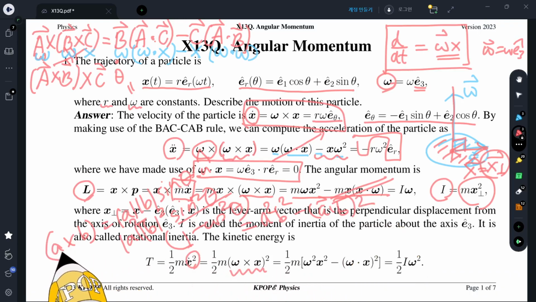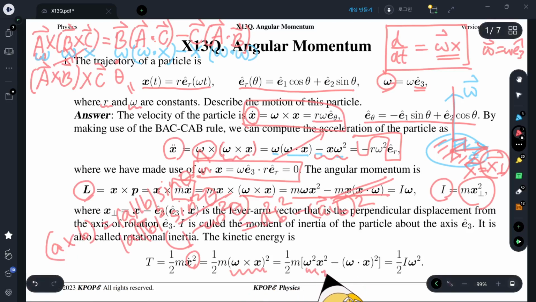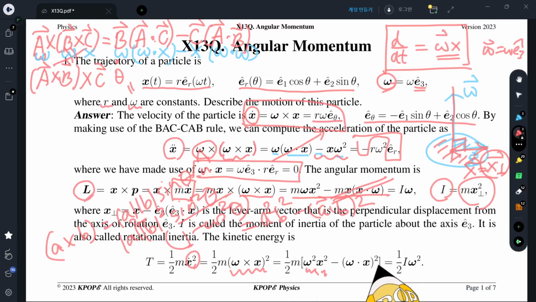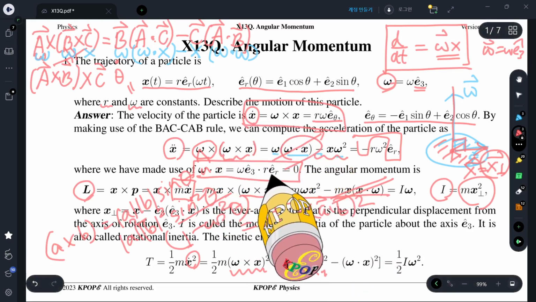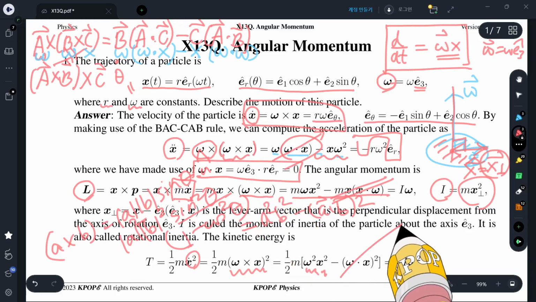Replacing A and B with omega and x, what I find is 1/2 m times omega squared x squared minus (omega dot x) squared. Again, omega dot x vanishes.